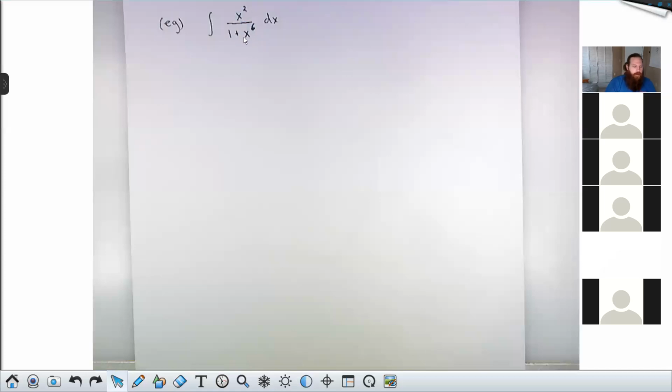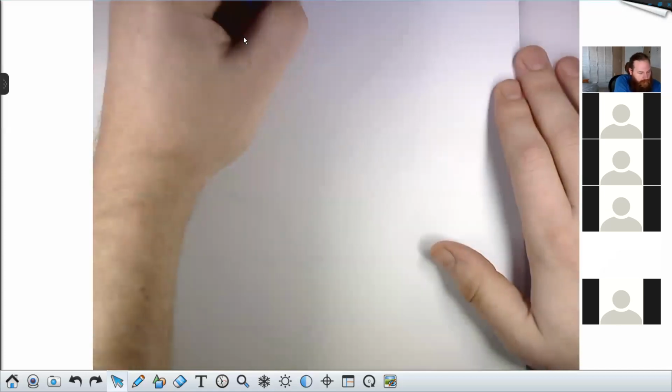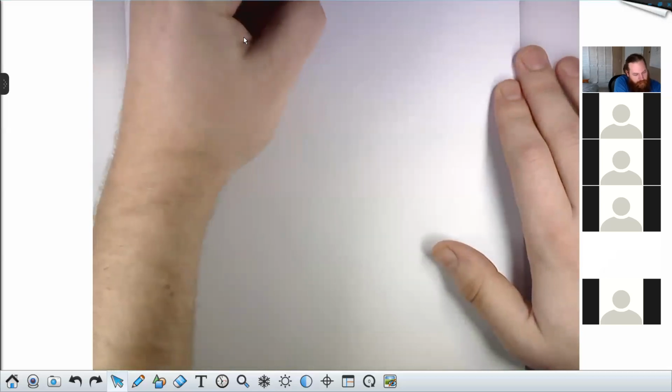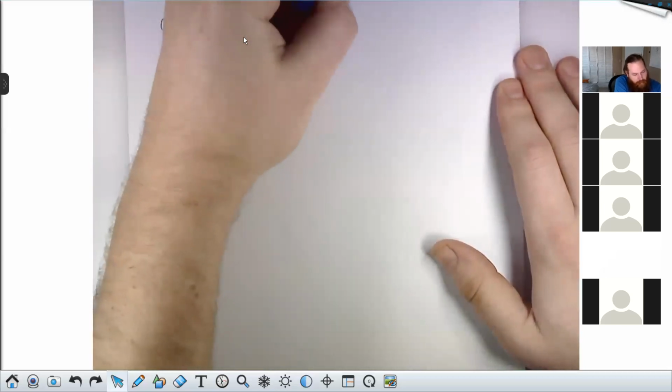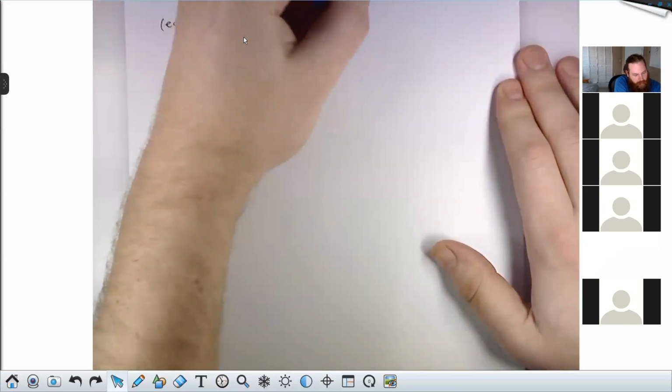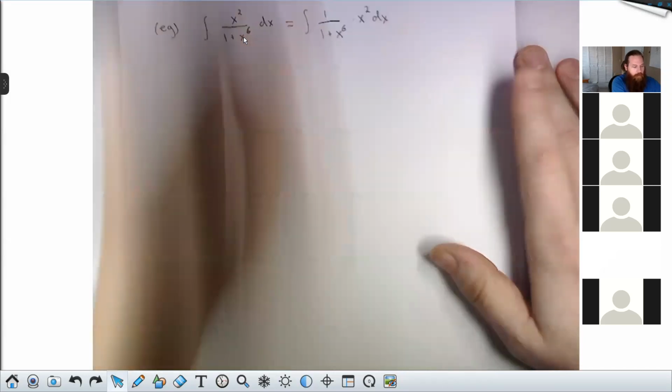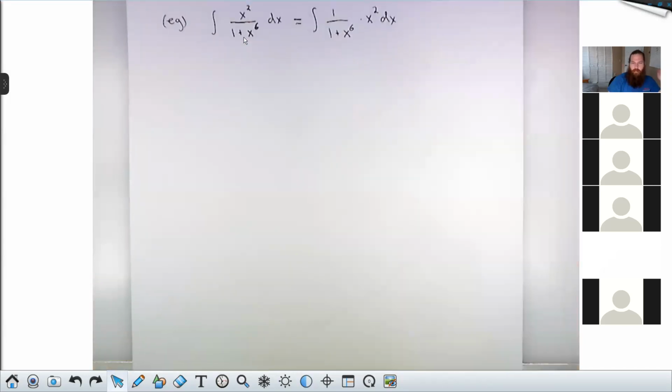Why not? Let's try it. So my first step would be to pluck that x squared off. Okay, so there's 1 over 1 plus something.